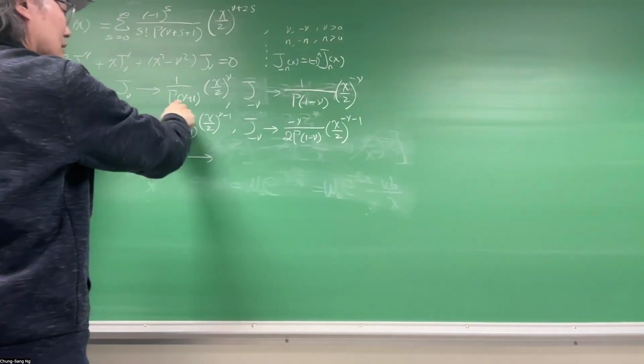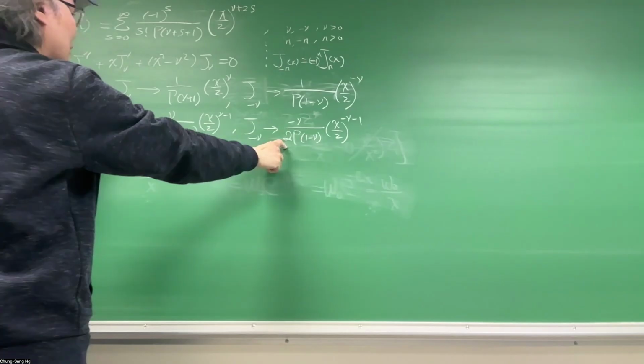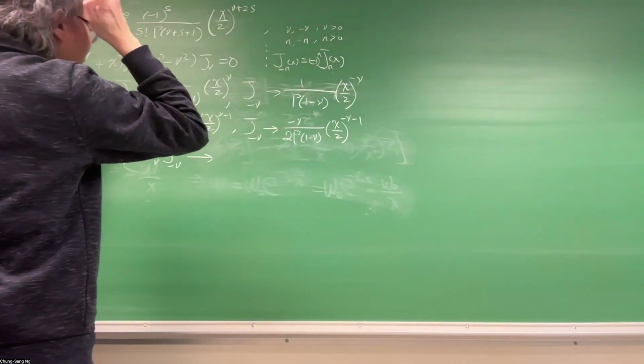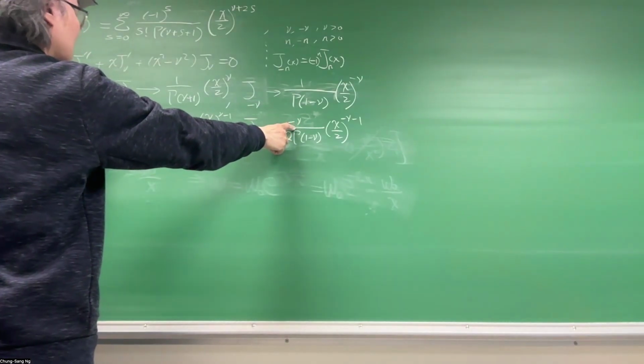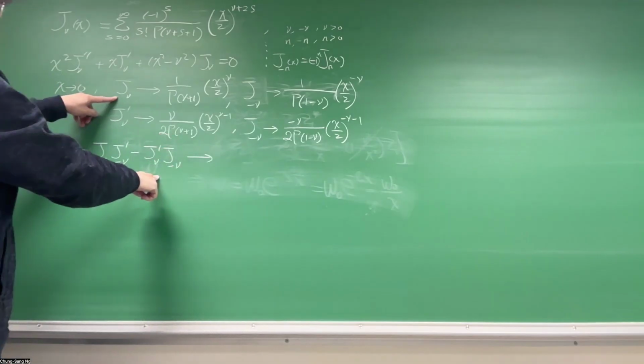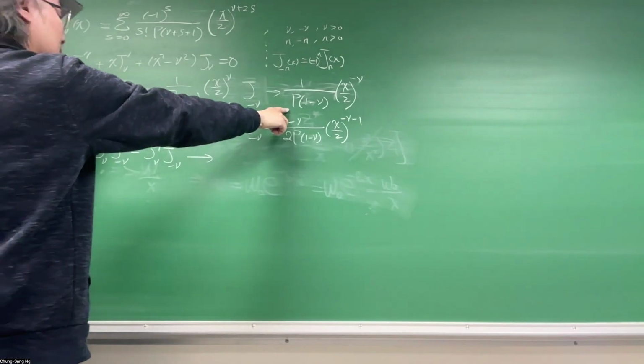So you have the denominator gamma of 1 plus nu times gamma of 1 minus nu. You have a factor of 1/2, and you have a minus nu in the numerator. So that is this one. And this term is this one.